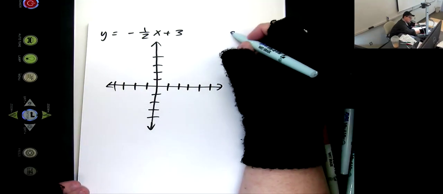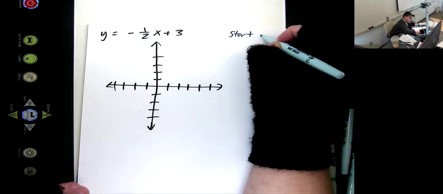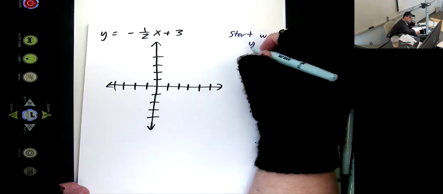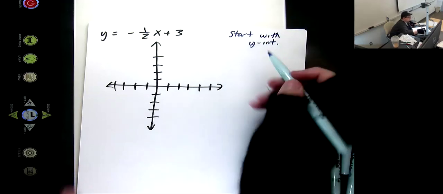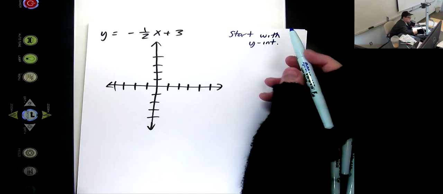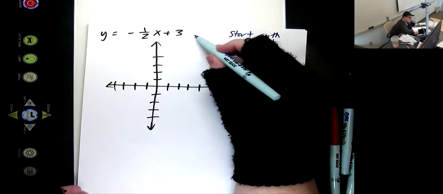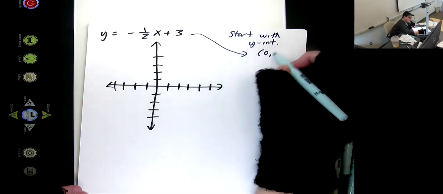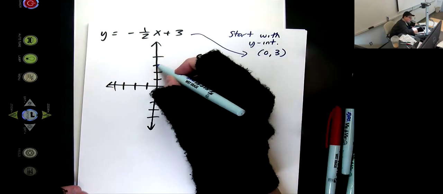So start with your y-intercept, because it gives you a coordinate. It gives you a spot on the graph. So this gives us the point 0, 3. We're gonna drop a point right there.